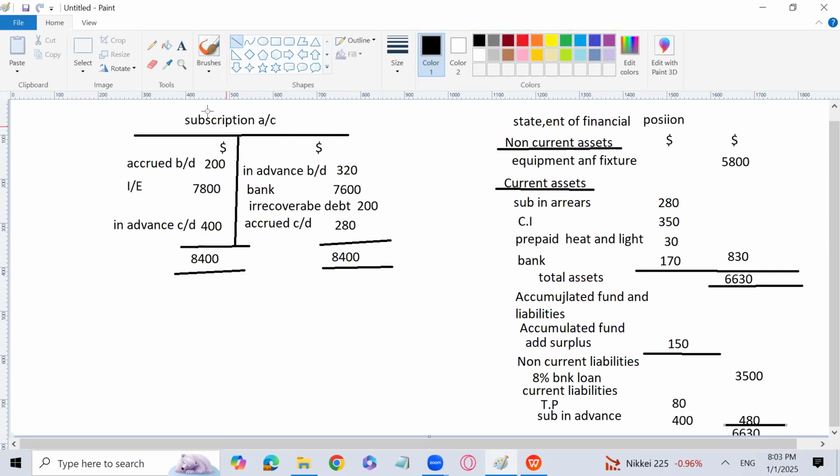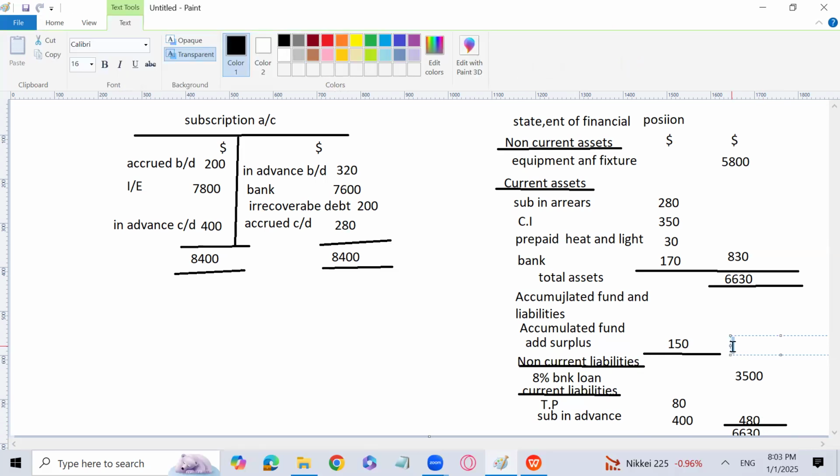So we can easily find the accumulated fund at the start through this way because we can go reverse and we can find the basic amount of accumulated fund. So 6630 minus 480 minus 3500, what will be the amount? 6630 is the total accumulated fund and liabilities, minus 480 minus 3500.